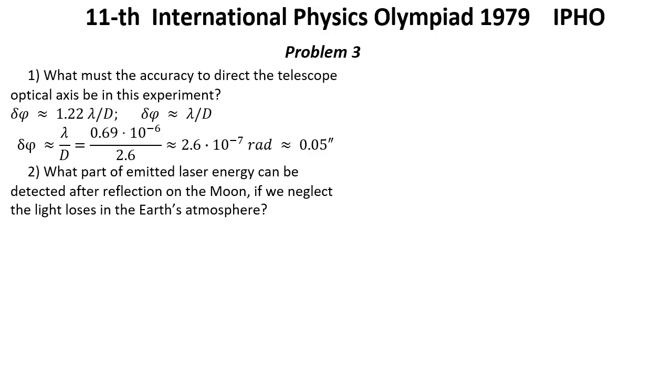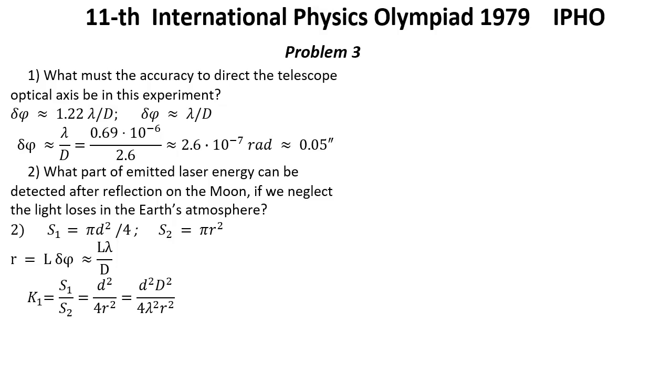The part K1 of the light energy of a laser directed to a reflector may be found by the ratio of the area S1 of the reflector versus the area S2 of the light spot on the Moon, where S2 equal pi r square and r equal L multiplied by delta phi, where L is distance to the Moon. So we have first coefficient K1 equal S1 over S2, or this expression.